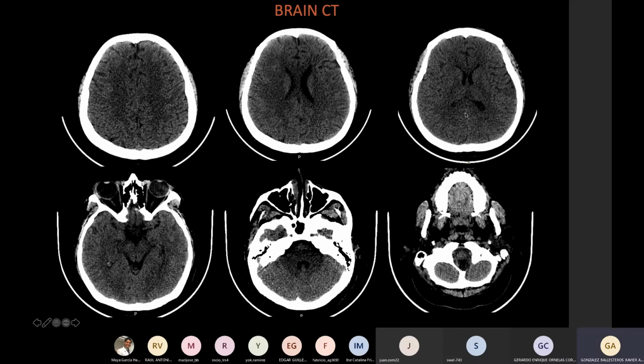And it's important to remember that we should evaluate these structures when we suspect a stroke, as in this patient. And also the cerebellum and brainstem were normal. Finally, we evaluate the ventricular system and the subarachnoid space that present a normal amplitude.